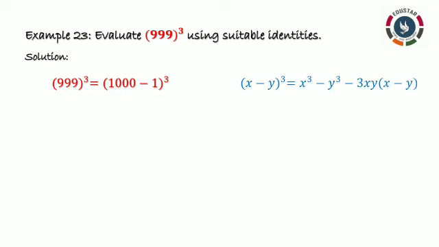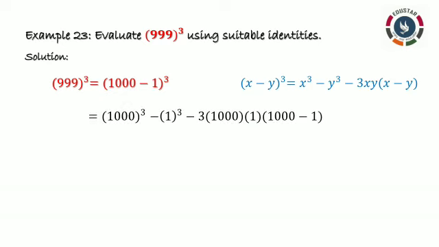What is x minus y the whole cube? x cube minus y cube minus 3xy into x minus y. Here your x value is 1000 and y value is 1. Substitute the values in the given identity. Then we will get 1000 cube minus 1 cube minus 3 into 1000 into 1 into 1000 minus 1.